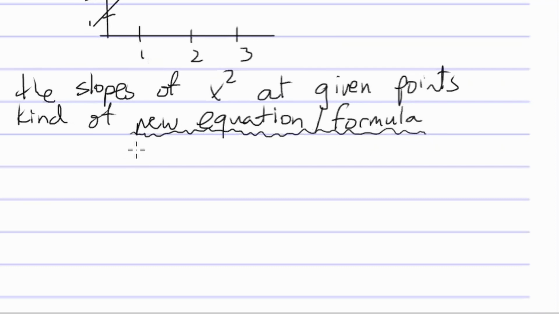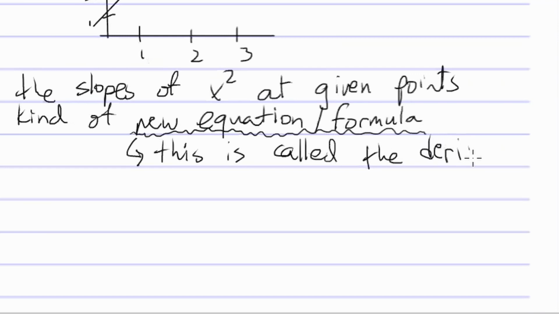This is called the derivative. The derivative is the equation or formula that tells us what the slope of a function is, right? It will get a bit more complicated than this, but we're going to keep circling back to that. The derivative gives you the slope on a function.